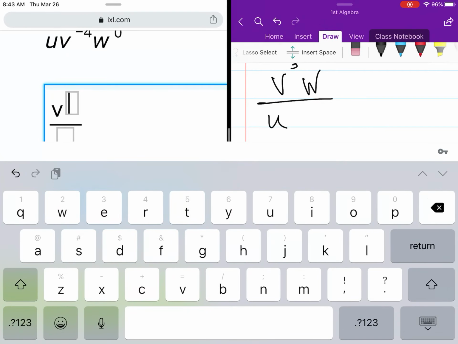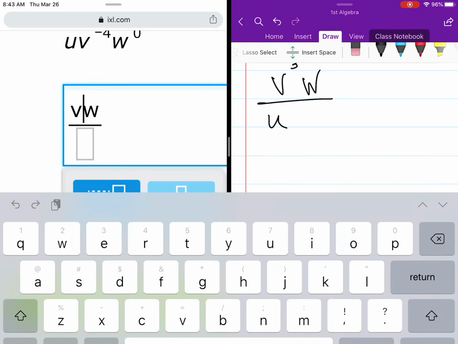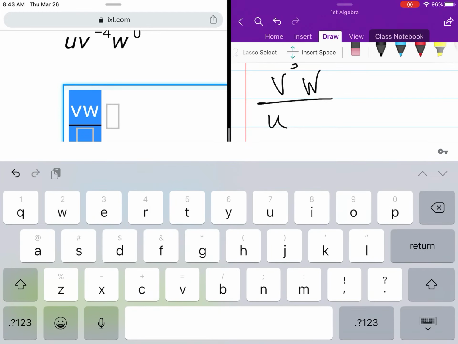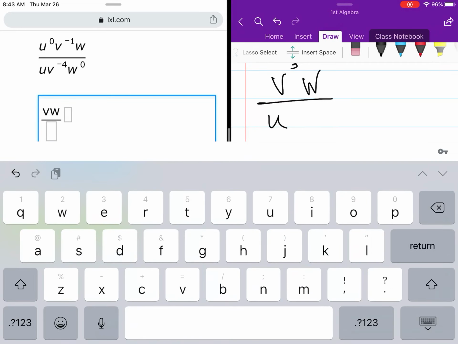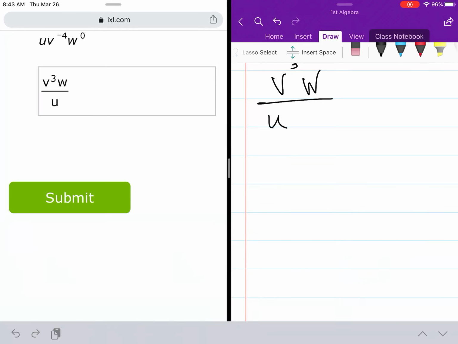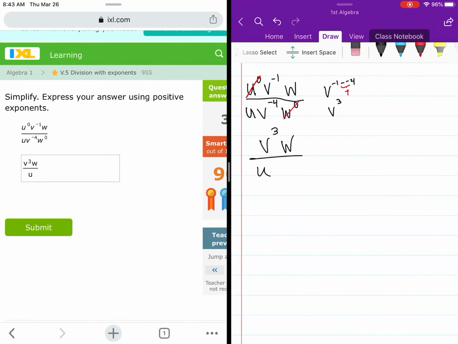I'm going to erase the exponent, type in the W, and then come back and include the exponent. There we go. So V exponent 3 and then U. So make sure you type that in just like we have it over here.